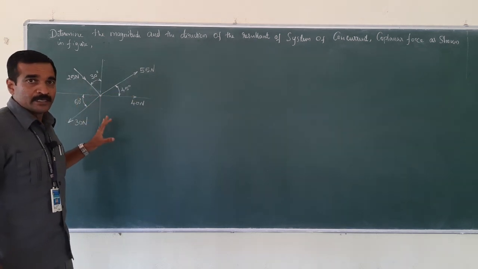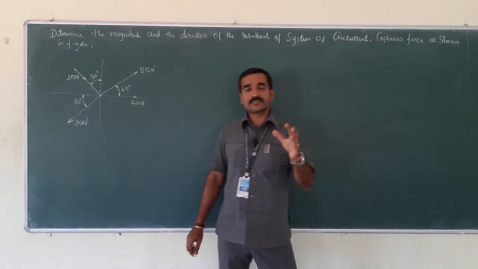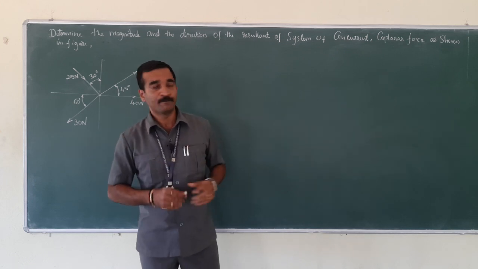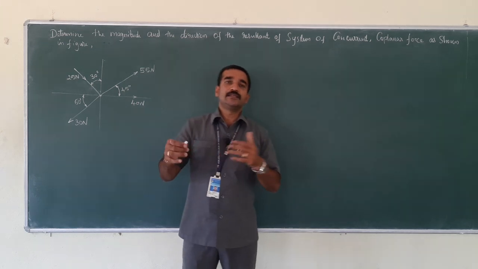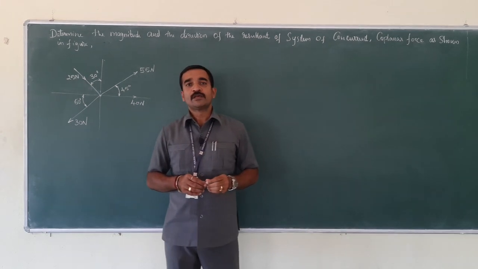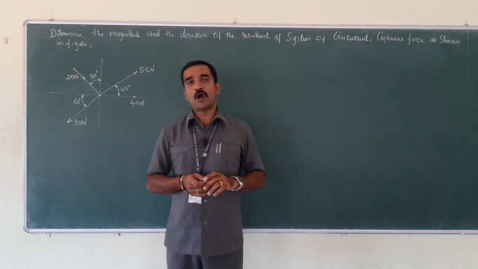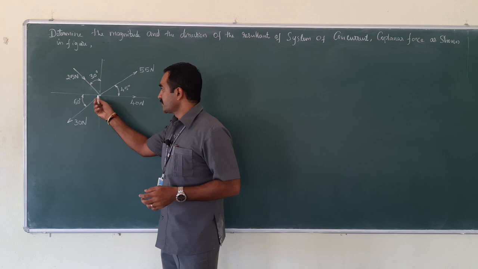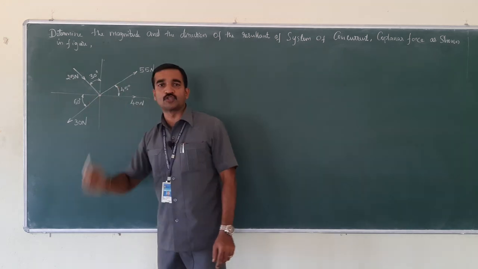As you know, coplanar means a set of forces which act in the same plane. Concurrent means a set of various external forces whose line of action act on the same point or pass through the same point. Look here. This is the point where all the four forces are passing through.